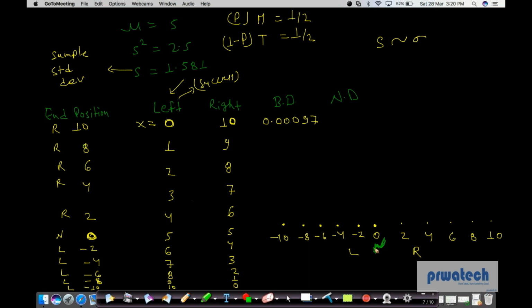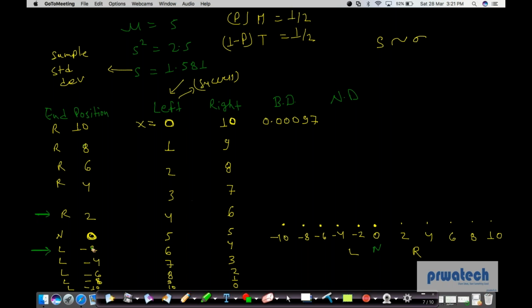Now what this theory of normal distribution claims is that whenever your position is 2 and minus 2, the normal distribution value will be exactly similar for this event and this event.